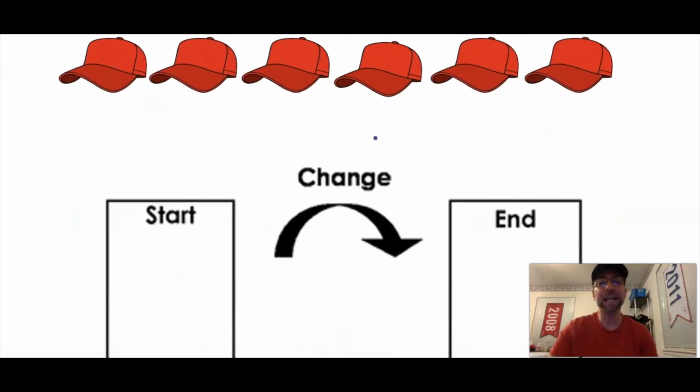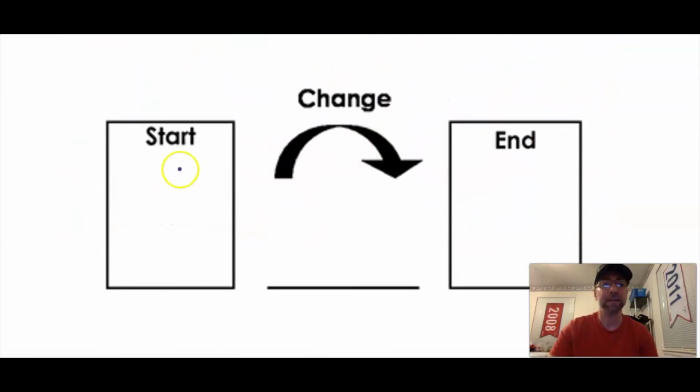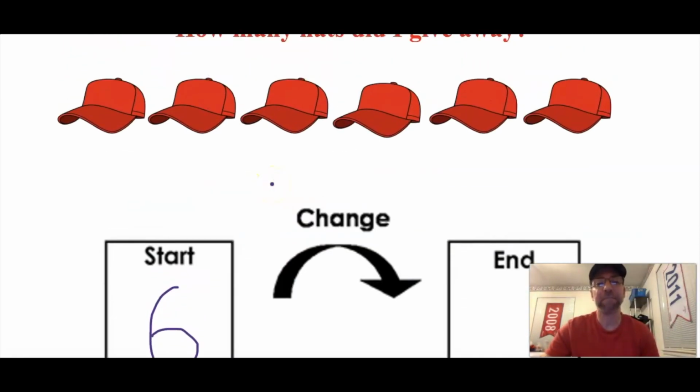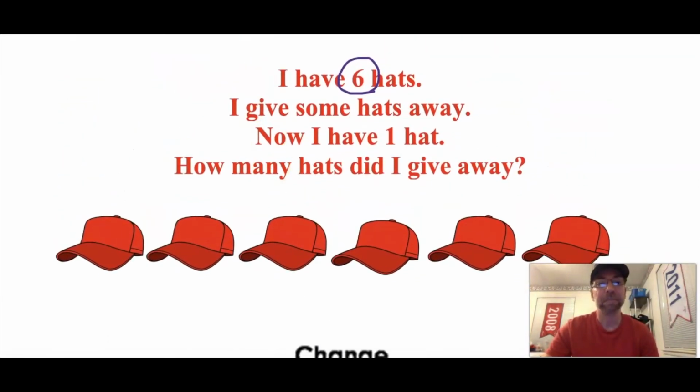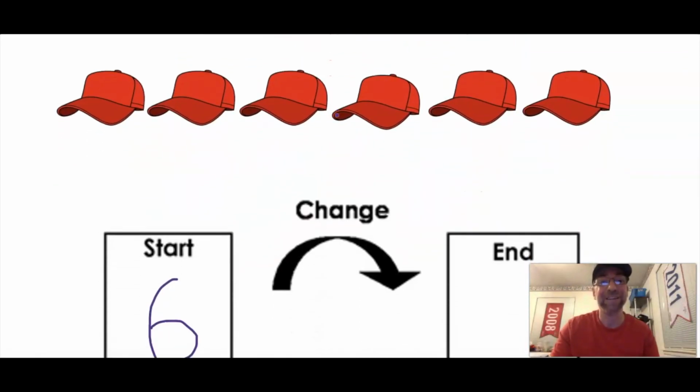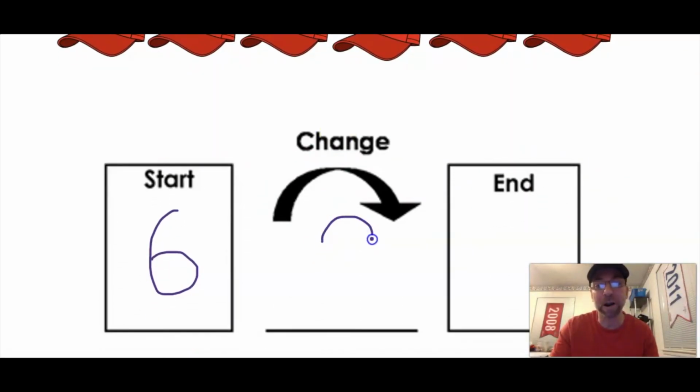So let's go ahead and fill in our start box by writing in 6. Now we have to see if we can find the change. I give some hats away. Boy, I don't know how many I gave away. I don't know how many less. What do I put when I don't know? That's right. We put a question mark.